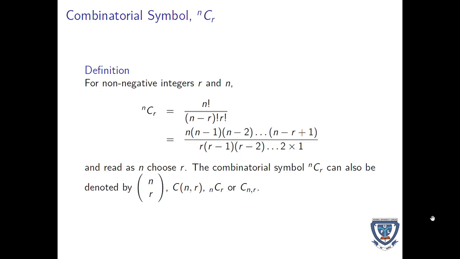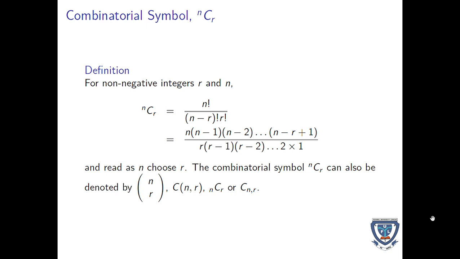What about the combination or combinatorial symbol? By definition, for non-negative integers r and n, n combination r is equal to n factorial all over r factorial times n minus r factorial.